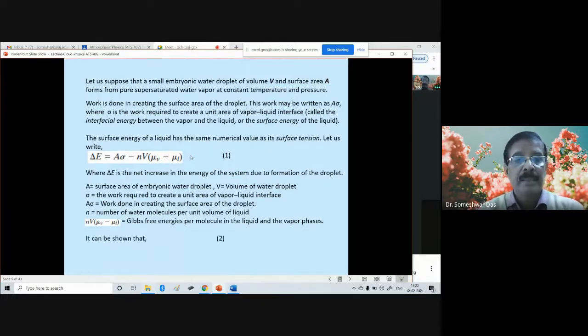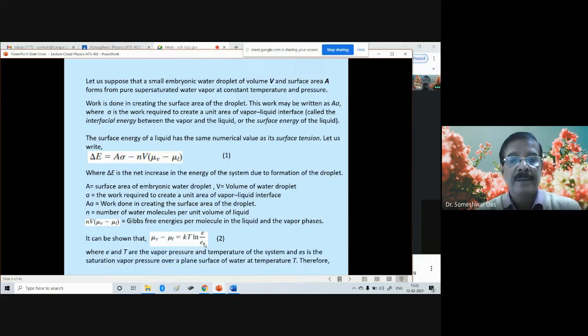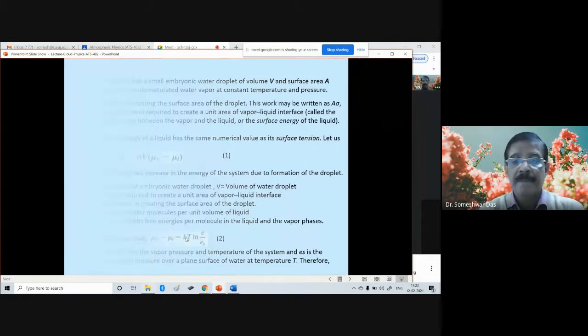Now it can be shown that this Gibbs free energy difference, mu V minus mu L, is equal to kT times log of E by ES, where E is the vapor pressure, T is the temperature, ES is the saturation vapor pressure, and k is the Boltzmann constant.